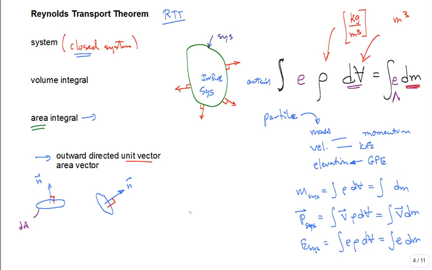Here's another little area like this. And here's the outward directed normal vector, and it's perpendicular like that. True? See that? Okay. Now, what happens if I have a flow described by a velocity? Maybe I'll show it like this.